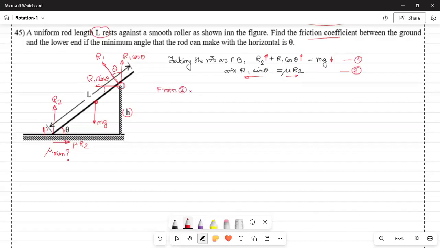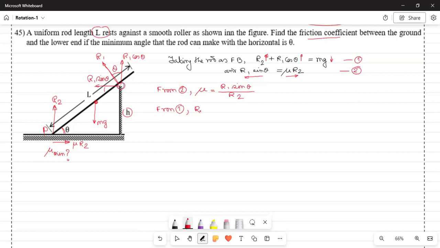From relation 2, what do we get? Mu is equal to R1 sin theta upon R2. Then from equation 1 we have the value of R2.